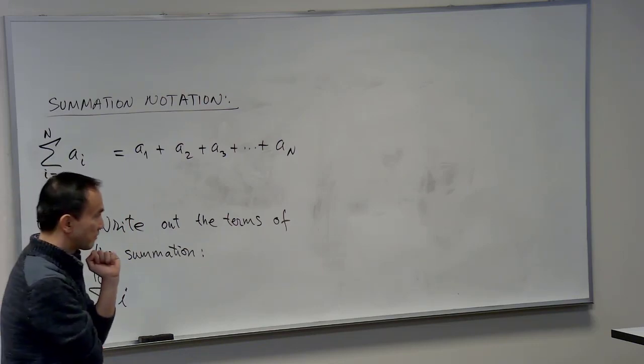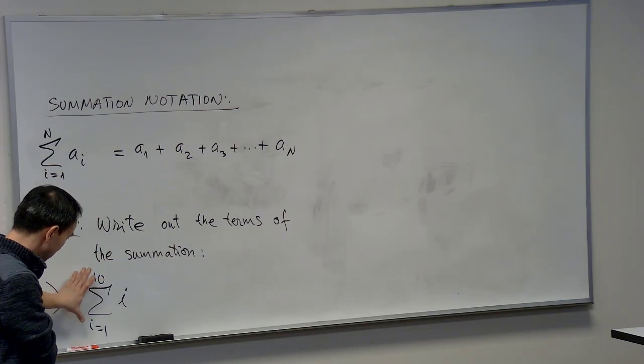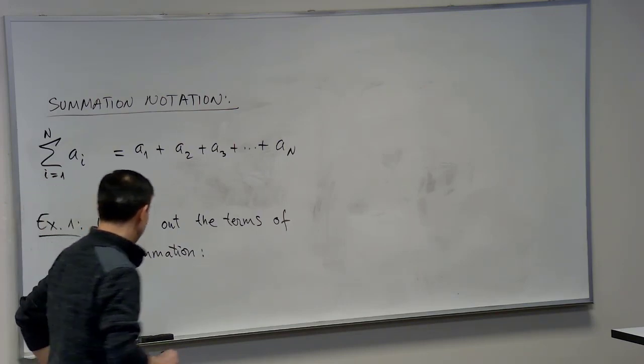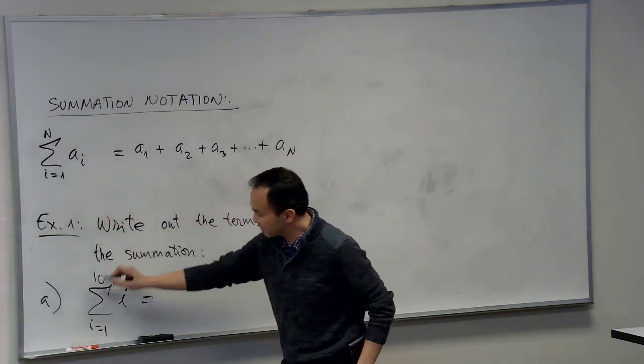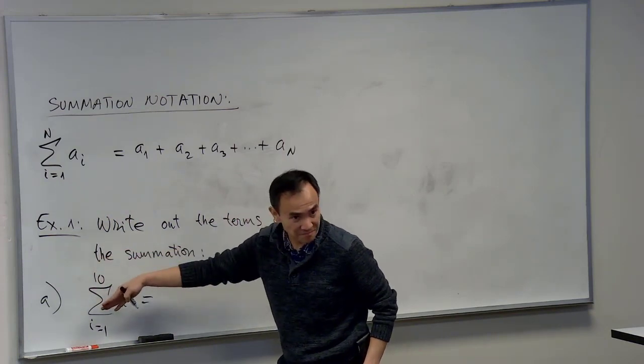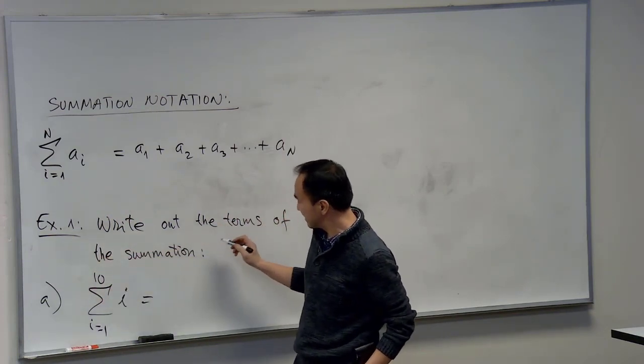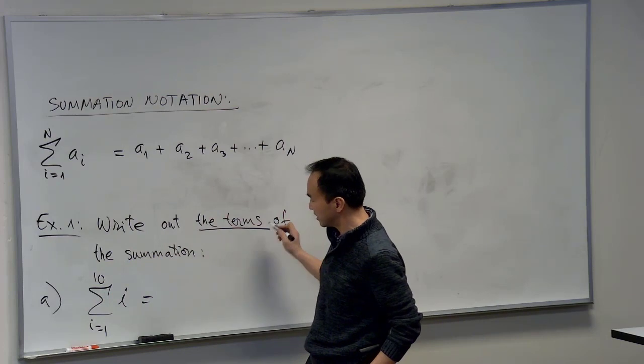Right now it's an entire sum written in summation notation. The example wants you to write down all the terms. So what does that mean?